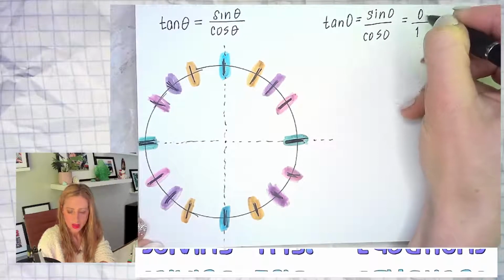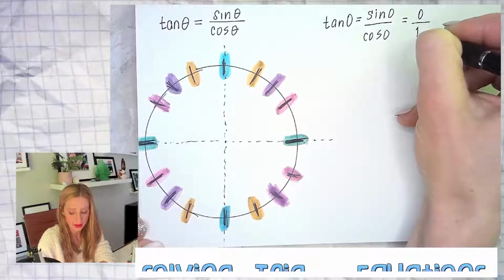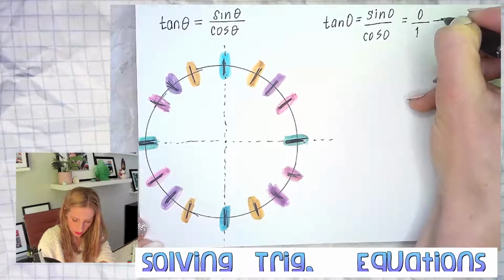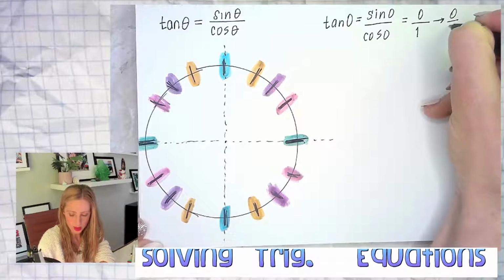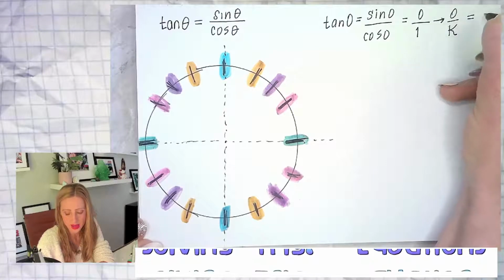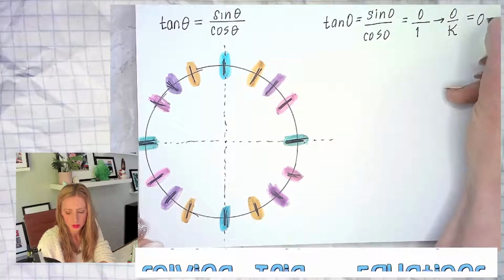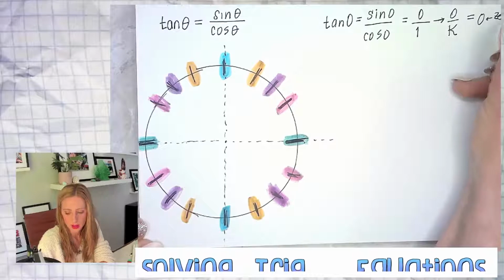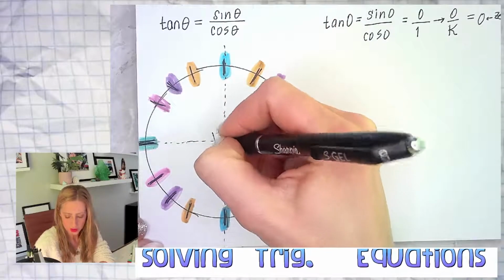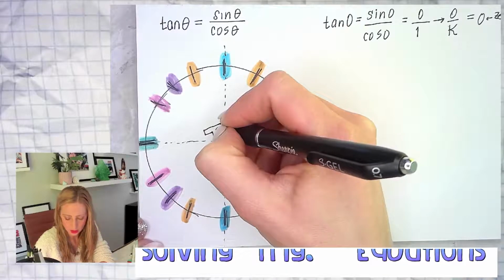And then 0 over anything other than 0 is what I would normally write as an abbreviation to help you remember. 0 over 1 or 0 over something is okay. And that equals 0. Okay? That is a 0. So tangent, I'm going to put all the tangent answers. This is going to be my special tangent circle, okay?